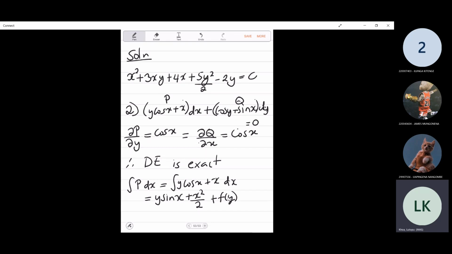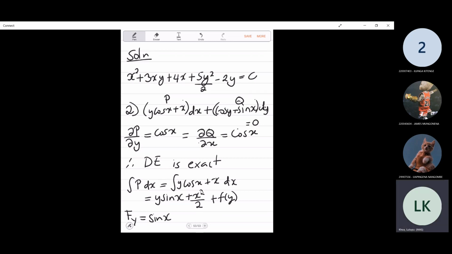Okay, so this is what I have. Then from here, you take this one and differentiate it with respect to y. I call this f. So I've integrated with respect to x. The next step is to differentiate with respect to y. And this gives me sine x.